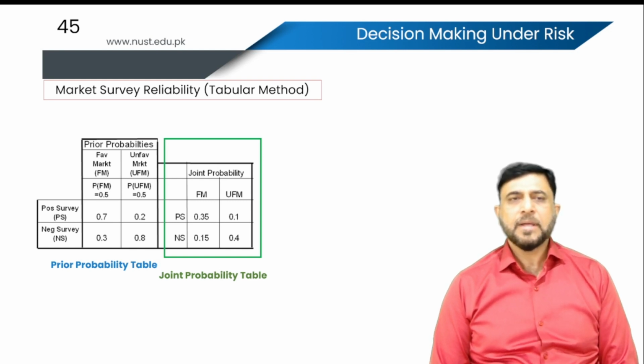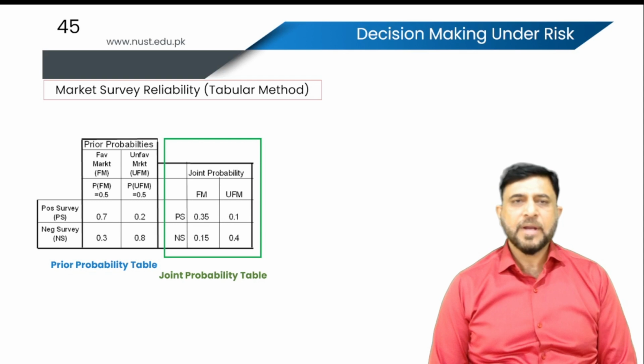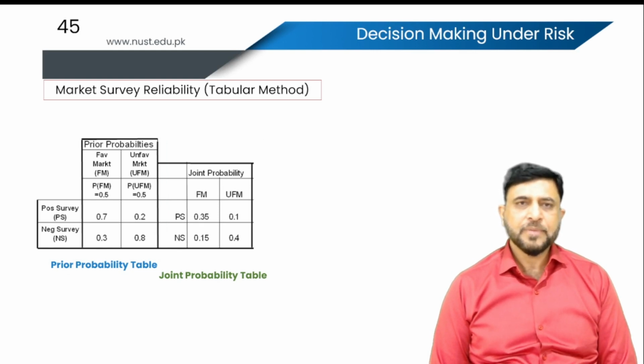If we multiply all the values with those, we can find that for favorable market and unfavorable market, with positive and negative surveys, it becomes 0.35 and 0.1, 0.15 and 0.4. Actually, we are multiplying 0.7 with 0.5, then 0.2 with 0.5, 0.3 with 0.5 and 0.8 with 0.5, and we have found the values. So these are joint probabilities, and this table is the joint probability table.